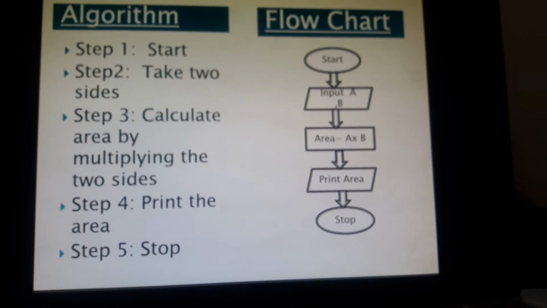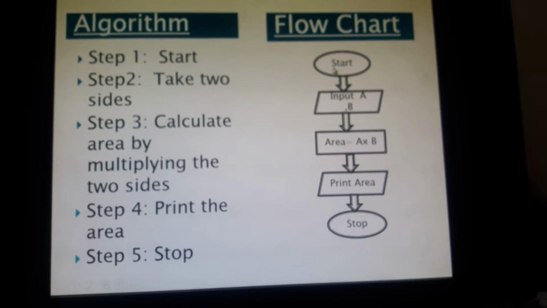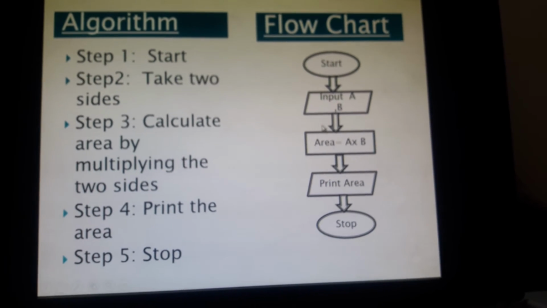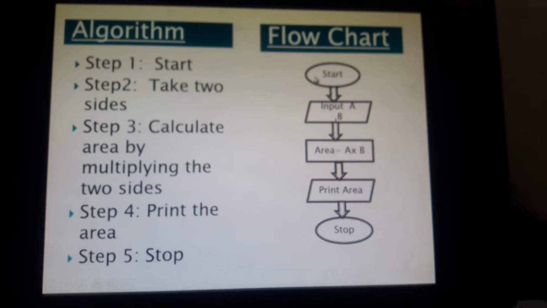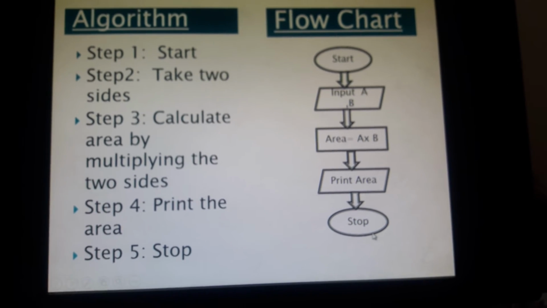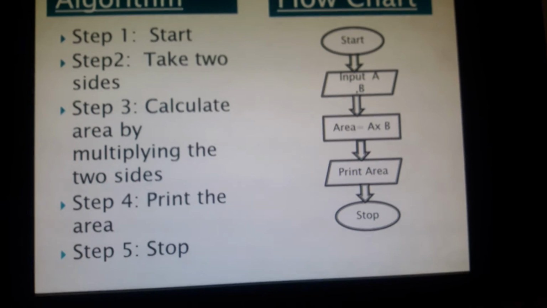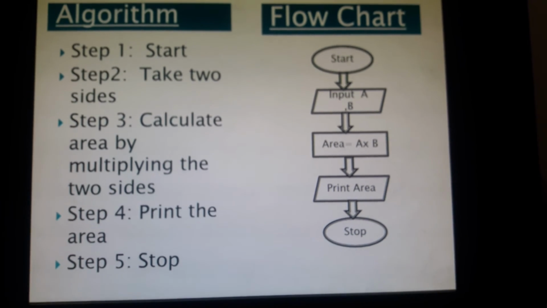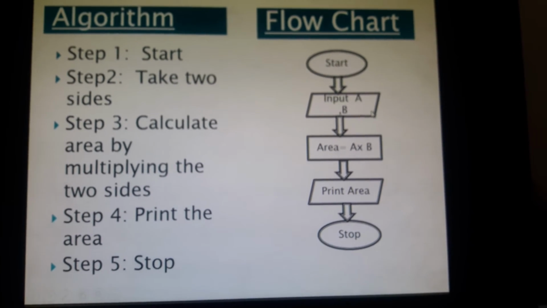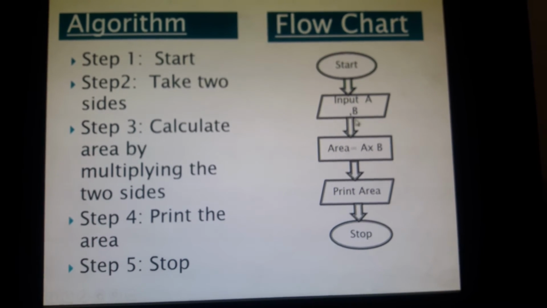See, this is how I have converted the algorithm into flowchart. As I told you, in the starting and at the end, we use oval shape to start and stop the flowchart. Then we have taken two sides, A and B, as input. For input we have used parallelogram.